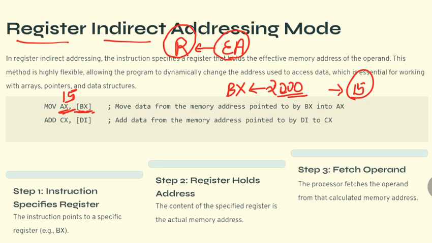So first the instruction points to a specific register, that is bx here, then the register holds the address, and then it will fetch the operand. So this is register indirect. It's a combination of register addressing mode and indirect addressing mode, a combination of both, that makes register indirect.